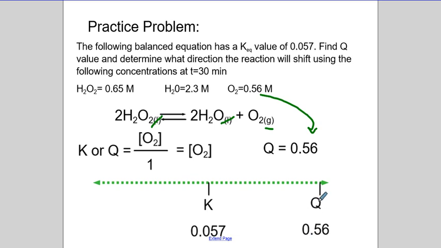So Q is way bigger than K. It's almost 10 times bigger than K. Q wants to get to K, so it wants to go this direction. So this reaction needs to shift left. So to do that, that means that our O2 and these concentrations need to go down, and this concentration needs to increase. We're making more of this.